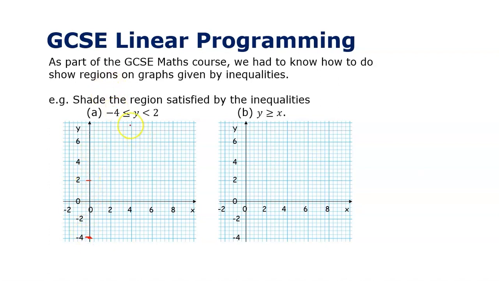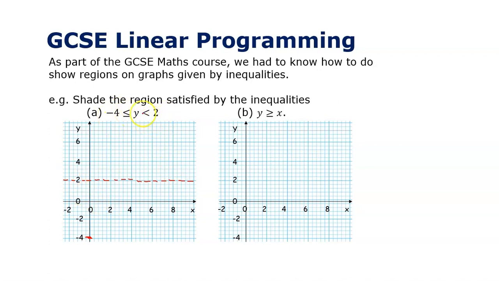So in actual fact here, I'm being asked to shade in the region that's in between y is equal to 2, which is this line here, and y is equal to -4. Well, it's not quite like that. For a start, y is not allowed to be equal to 2. So we show that with a dotted line going horizontally across. Because it's the y-axis, where does y equal 2?